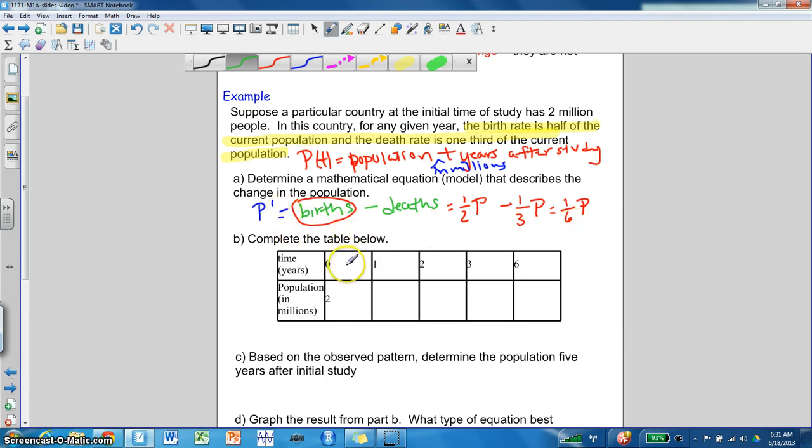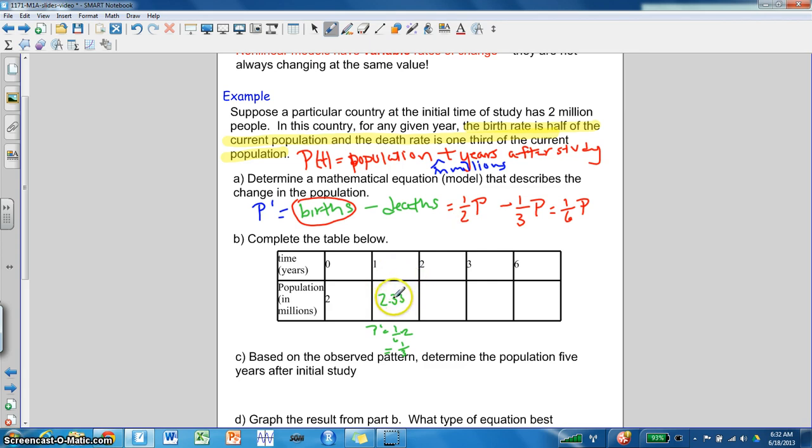So if I know that the current population is 2, I can insert 2 into P to determine the change. The change here, P prime, is going to be 1/6 times 2, which is 1/3. Now this is an increase to whatever the current population is, so this should be 2.33 million people.